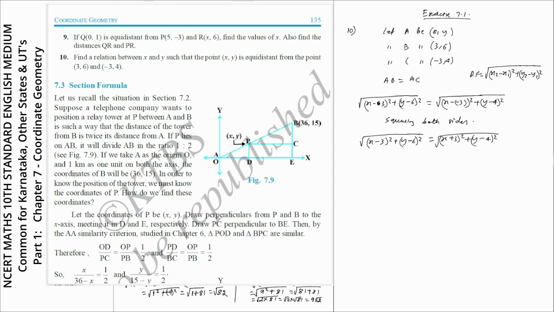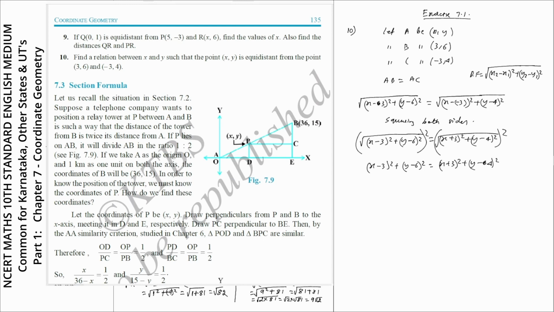So squaring both the sides, the square root symbol will go, and ultimately I will be left with (x minus 3) the whole square plus (y minus 6) the whole square is equal to (x plus 3) the whole square plus (y minus 4) the whole square.